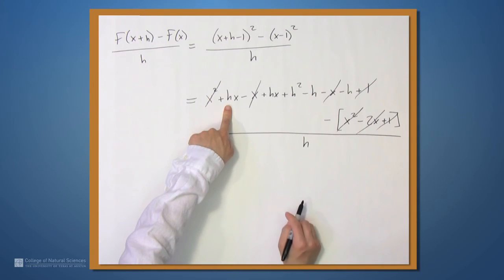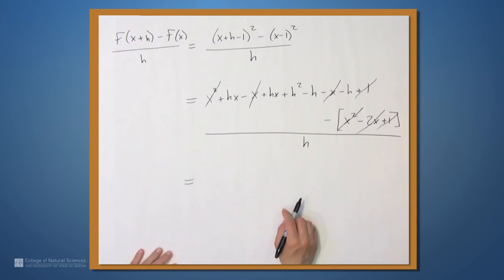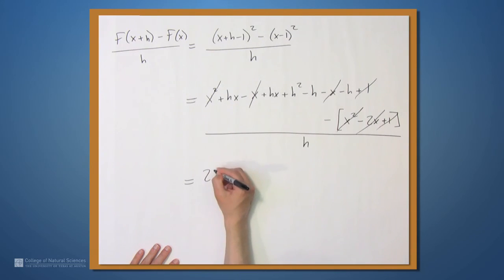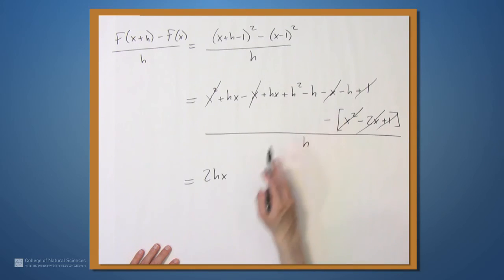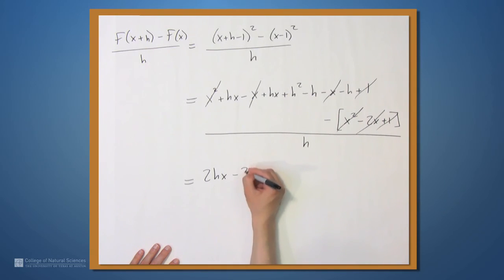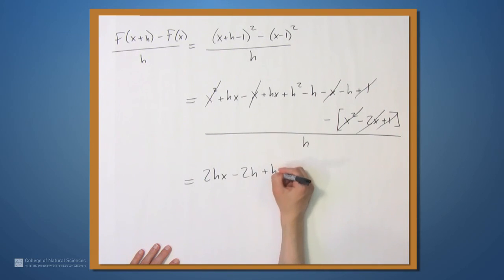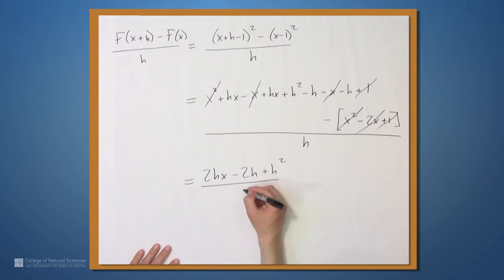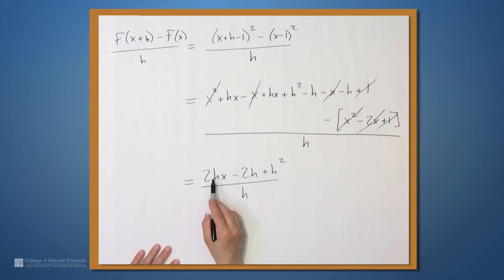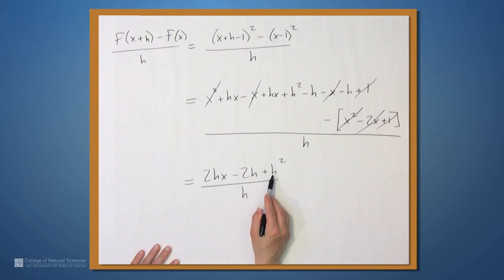Now what's left? We have hx plus hx, so that gives us 2hx. We have minus h, so minus 2h. And we have plus h squared. So it's this all over h. But notice that every term in the numerator has an h in it.